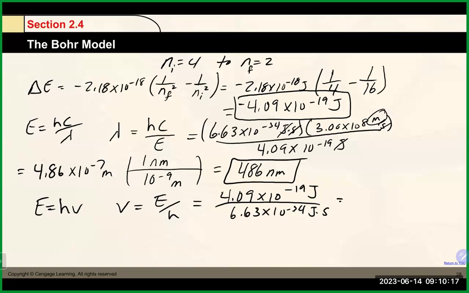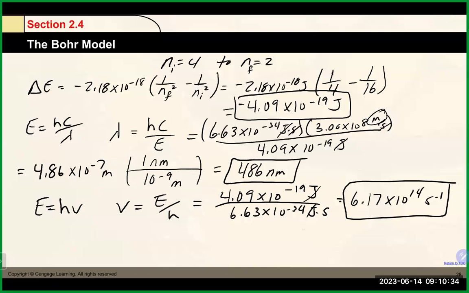And that's going to get us, it looks like, 6.17 times 10 to the 14. Once again, reciprocal seconds is our units, as the joules here will cancel out. And that's, I don't know, greenish in terms of color.